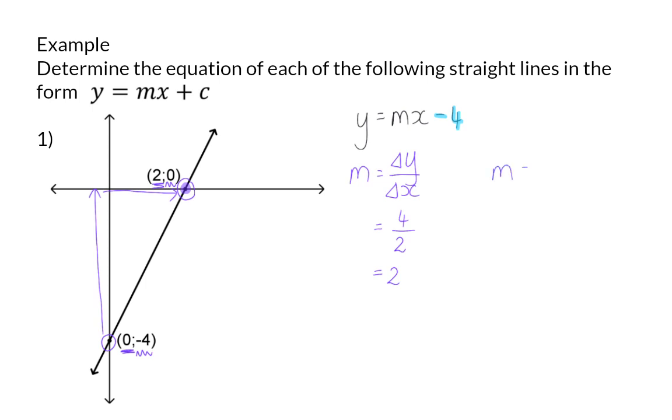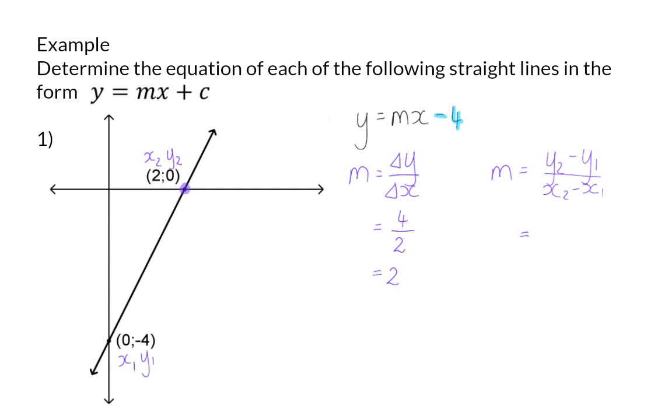You could also choose to substitute into the formula. The formula is simply a formal way to also determine the change in x and y. Using the formula, you are going to substitute by saying that you were given two coordinates with an x2 and y2, and your first coordinate would be x1 and y1. It doesn't matter which coordinate you choose as coordinate 1 and which as coordinate 2.